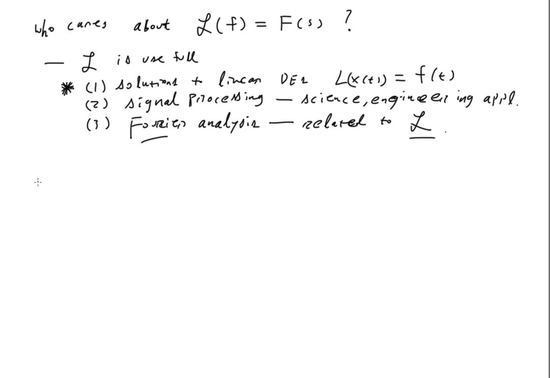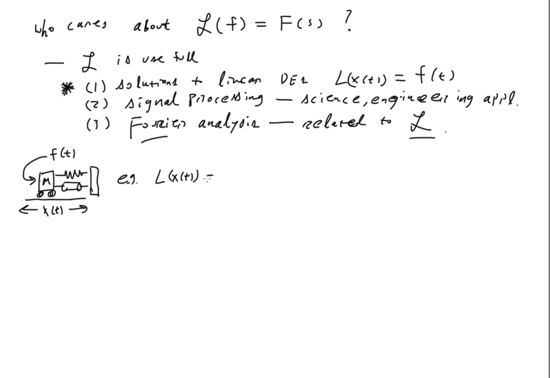So again, we could have a problem like a mass spring system where there's a mass, and then there's also a damper, and they're attached to some sort of anchor. We have a mass that's rolling on maybe some frictionless little wheels there, and we want to know x of t. We want to know the motion of that mass, and we might also be forcing it with some forcing function. So the example of this differential equation, the Lx of t, would be the mass times x double prime, so that's ma, mass times acceleration, plus c.